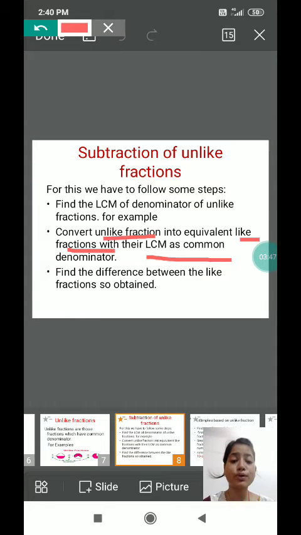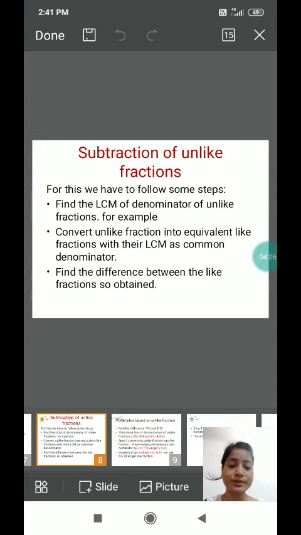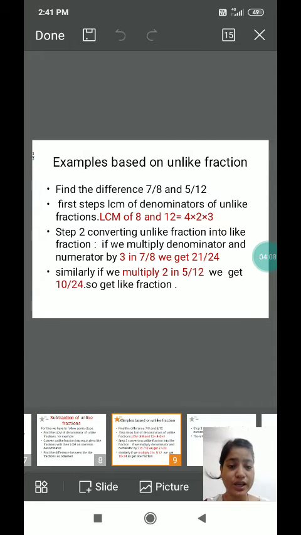Whatever LCM we got, we have to make the unlike fractions like. And then, once they are like, take the difference of the numerators upon the common denominator. Let's take an example.